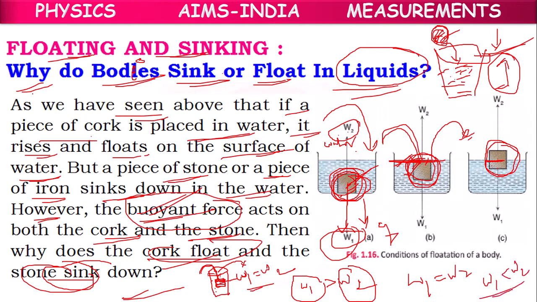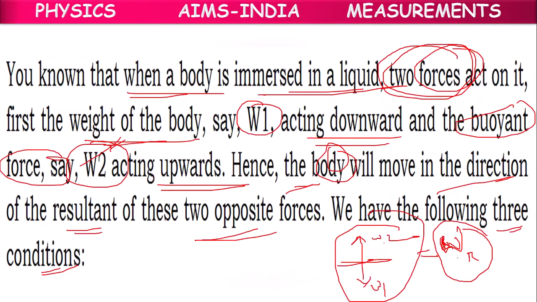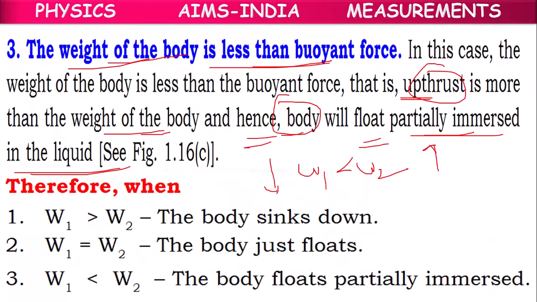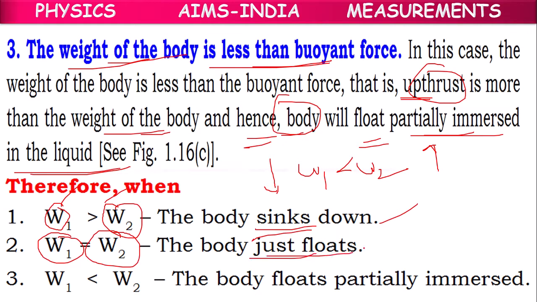Like this, we have three possible conditions regarding floating and sinking. When the weight of the body W1 is greater than W2, the buoyant force, the body completely sinks down. When the weight of the body equals the buoyant force, the body just floats below the surface of water.